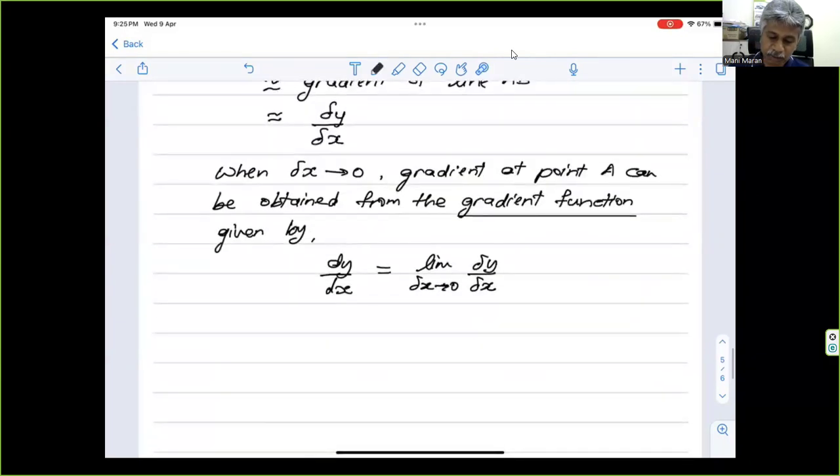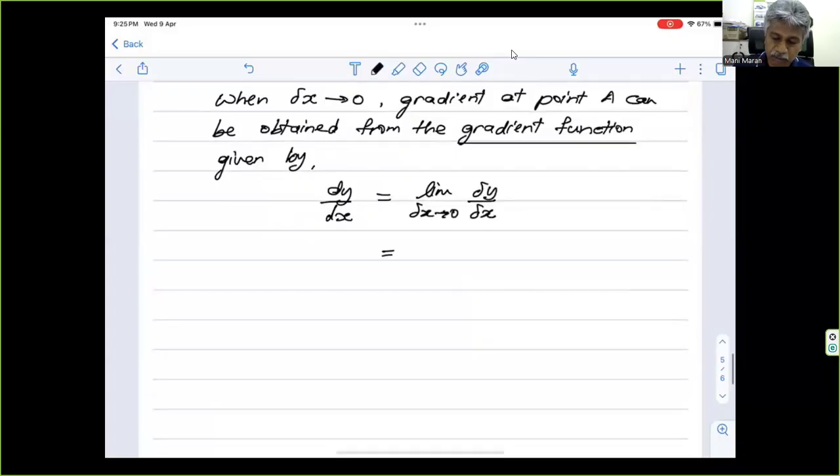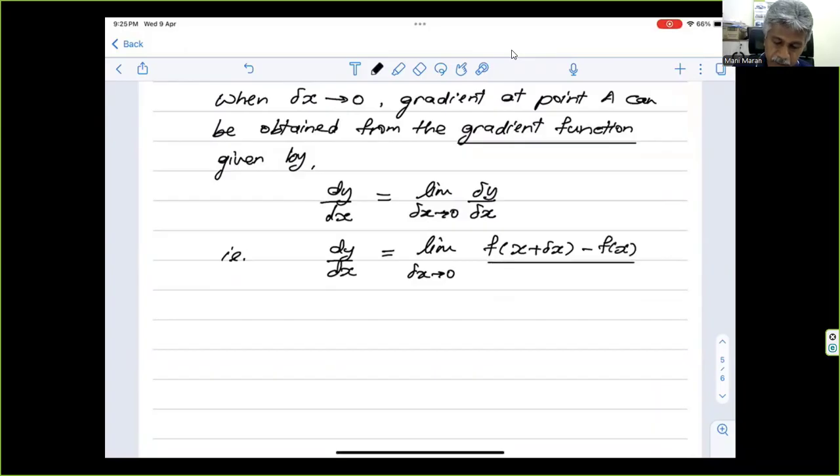So this will give you dy/dx equal to the limit as delta x approaches 0 of f of x plus delta x minus f of x, divided by delta x.